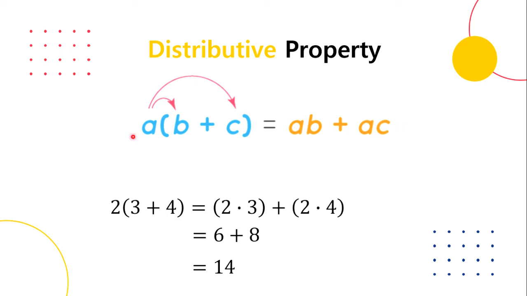Meaning to say, our A here is being distributed to each of the terms in our quantity, the one in the group.